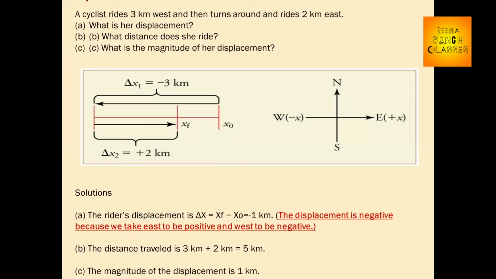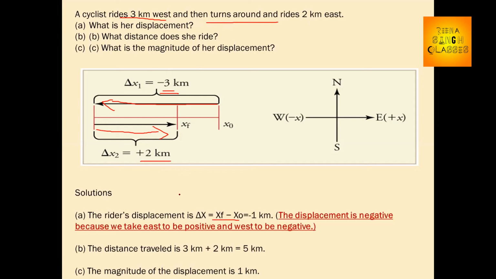Next example, a cyclist rides 3 kilometer west, means displacement is negative in this case, then turns around and rides 2 kilometer east. So 2 kilometer east, in this case the displacement is positive. So what is her displacement? So the rider's displacement, change in position, is final position minus initial position.